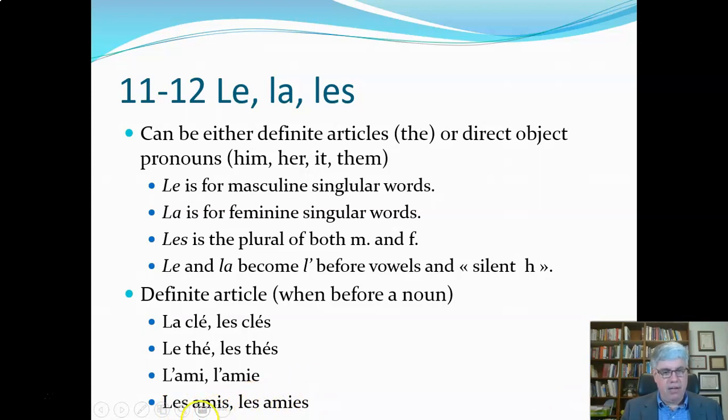Now notice how we pronounce the S in les. Generally, les is just pronounced lay, but when a vowel follows it, we make this liaison. We pronounce that extra sound. We don't say lay ami. That would be a little awkward to say. We say lez ami. And so les amis and les amies are pronounced the same.